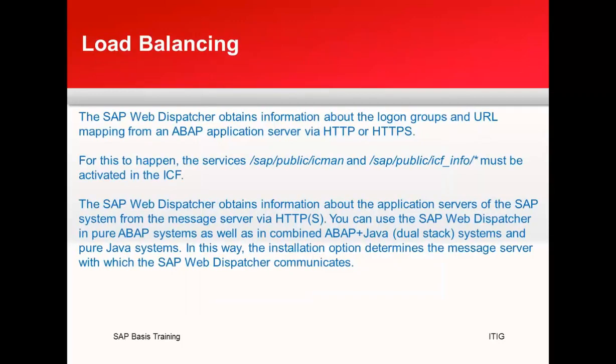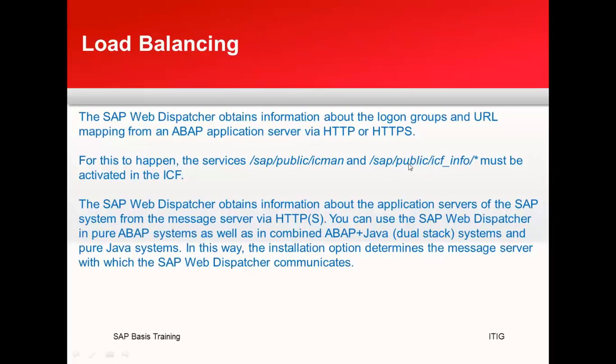Okay, now let's look at how the load balancing is performed. For the load balancing, there are two ICF services which should be active. The first one is SAP public ICMAN, and the second one is SAP public ICF_INFO.